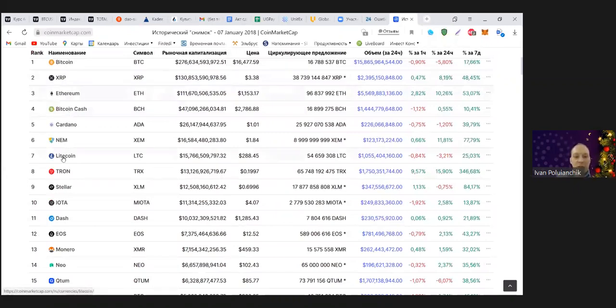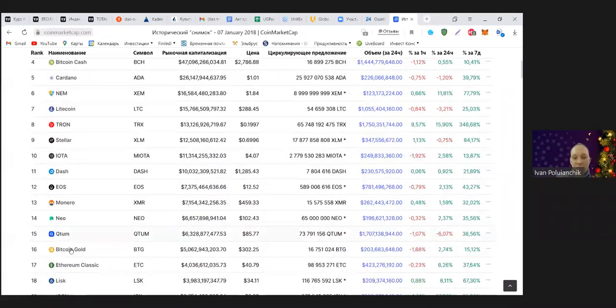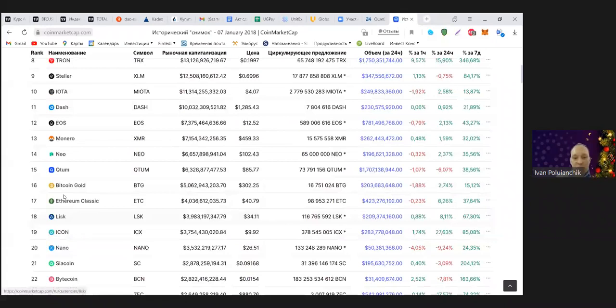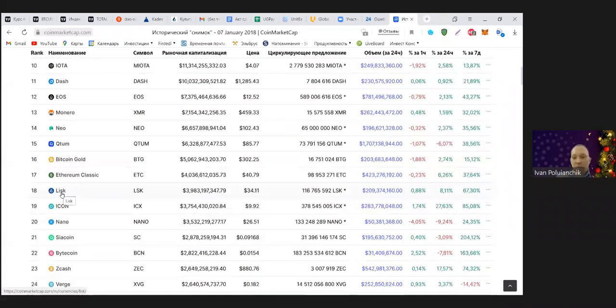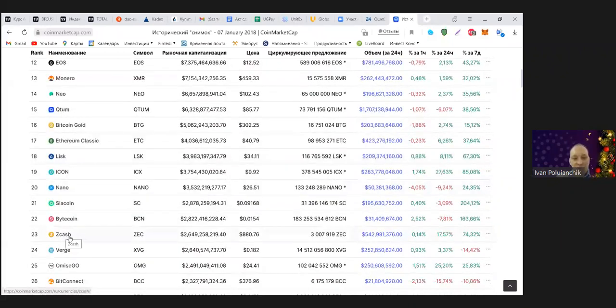XRP, Ethereum, Bitcoin Cash, Cardano, NEM, Litecoin, Tron, Stellar, IOTA. Do you know that coin, IOTA? So it was very popular back then. Dash coin, EOS, Qtum, you see, on the 15th place. Lisk. Do you know such a coin at all? Lisk, or coins like Zcash, Nano.